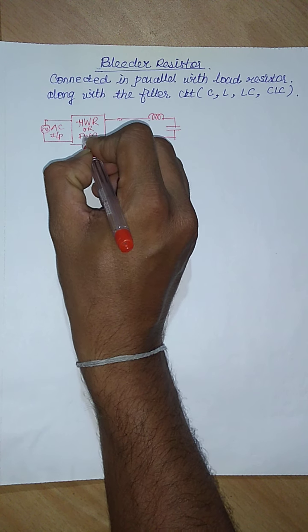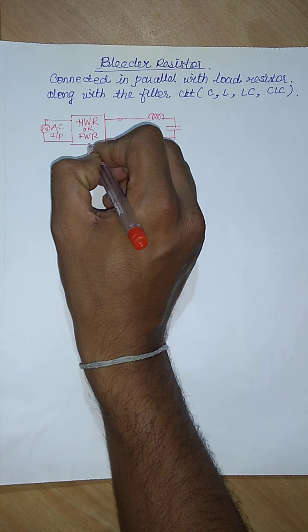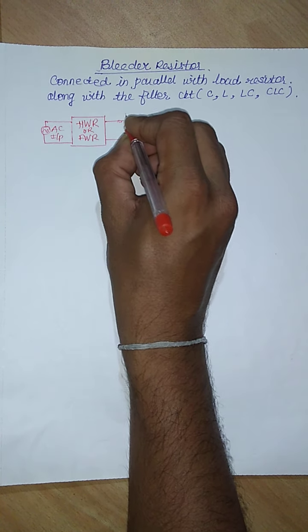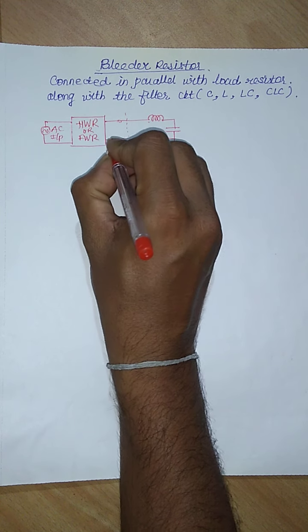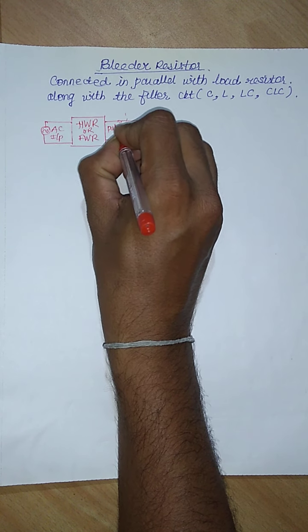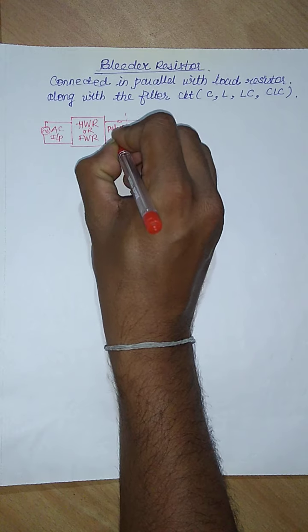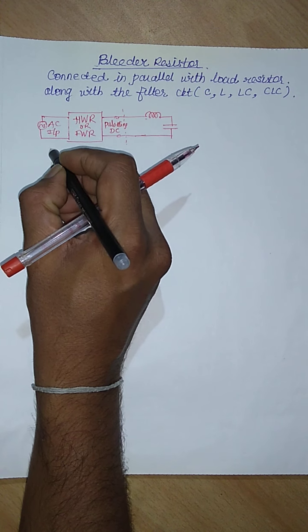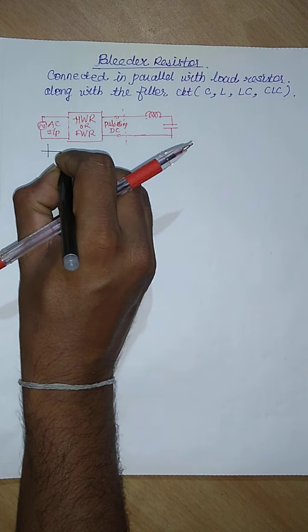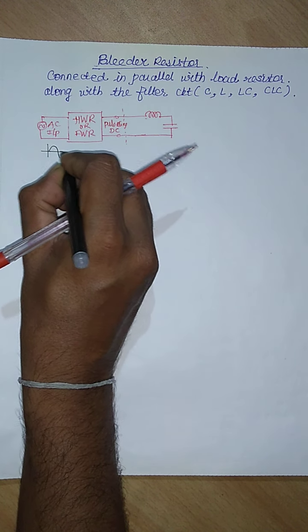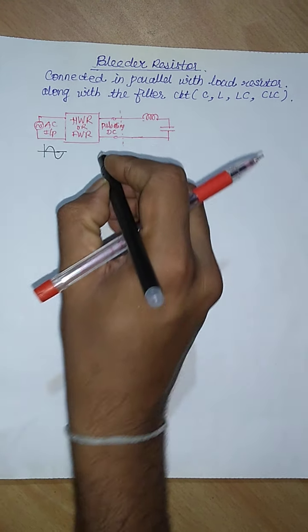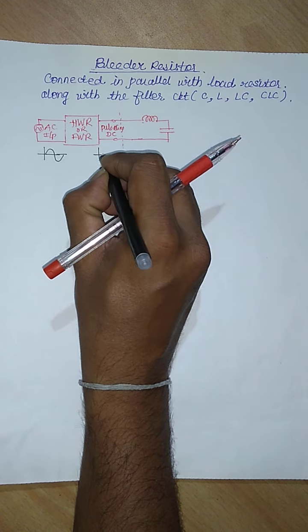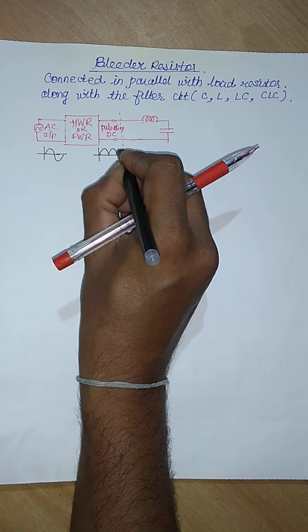This AC input is given to the half wave rectifier or a full wave rectifier. Then at these points we obtain pulsating DC. For waveforms, we can show them like this. This is a sine waveform here. Then for the full wave rectifier, we obtain pulsating DC like this.